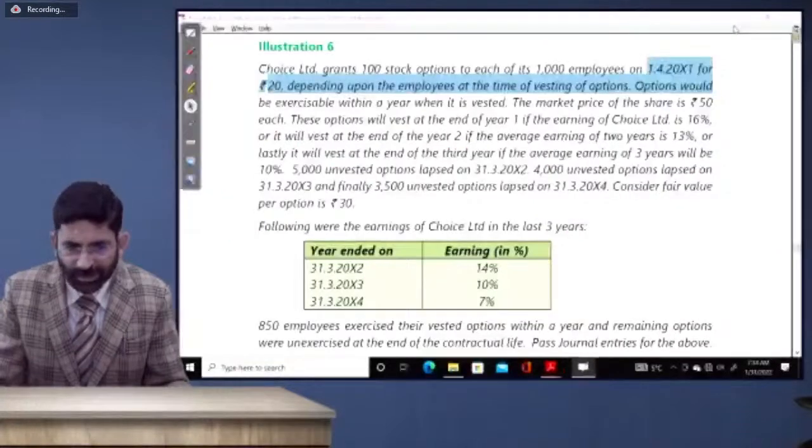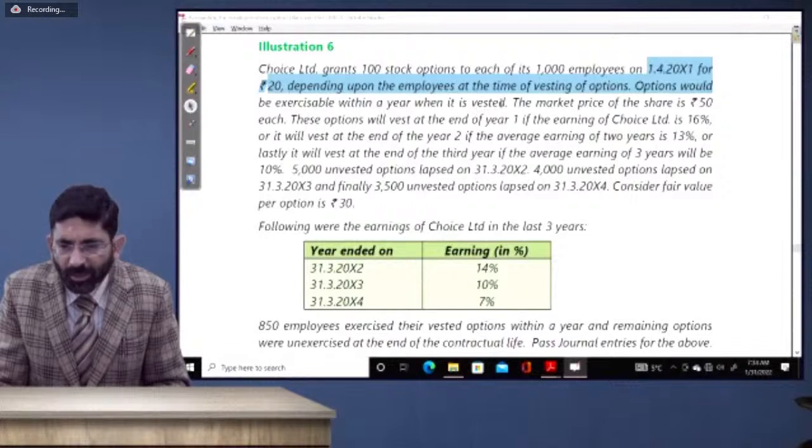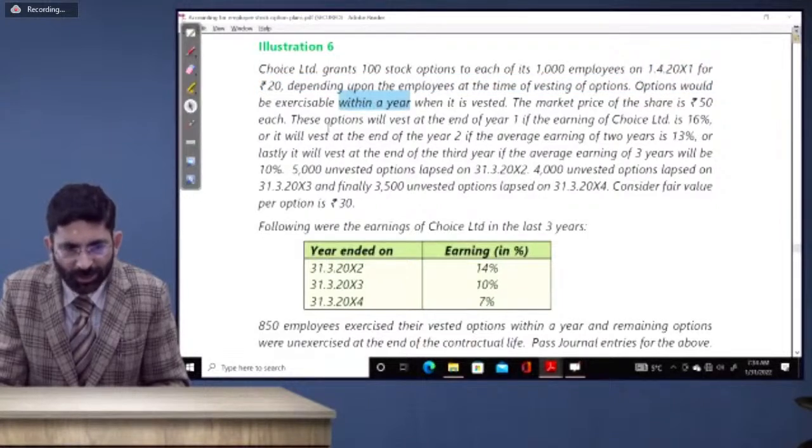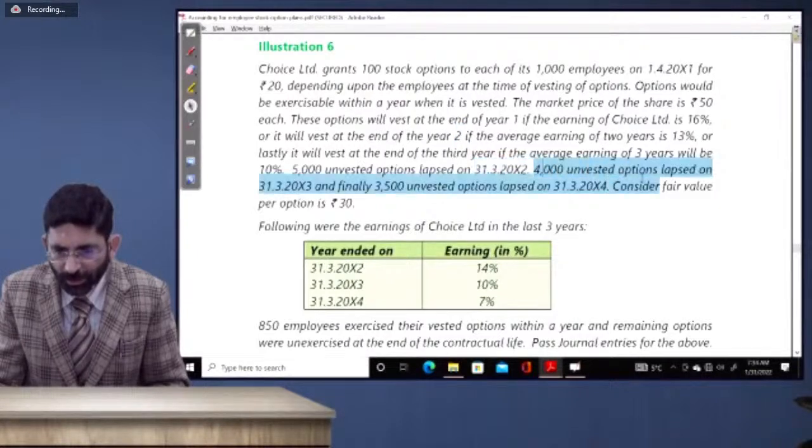Read the question once again. As he says, it depends at the time of vesting of options. The option would be exercised within a year when it is vested. The market price of the share is given to you. These options will vest at the end of year 1 if the earning of the company is 16%. It will vest at the end of year 2 if the earning of the 2 years is 13%, and lastly if the average earning of 3 years will be this. Unvested options lapsed on 31st of March.